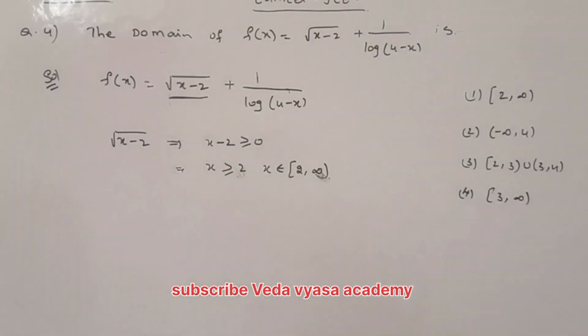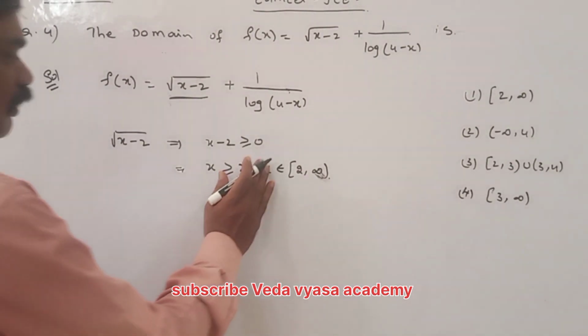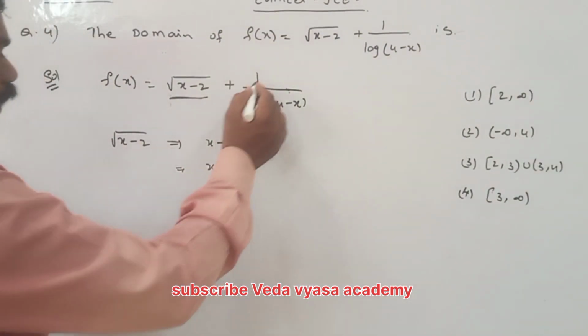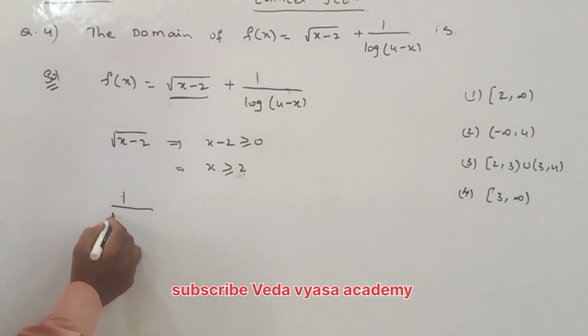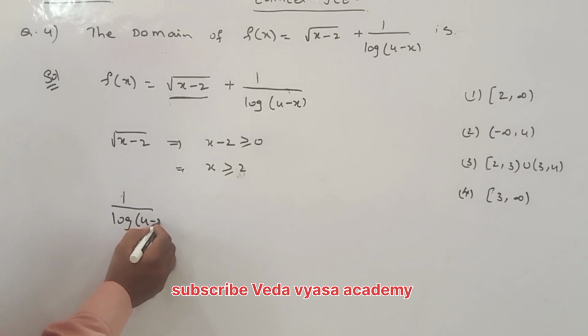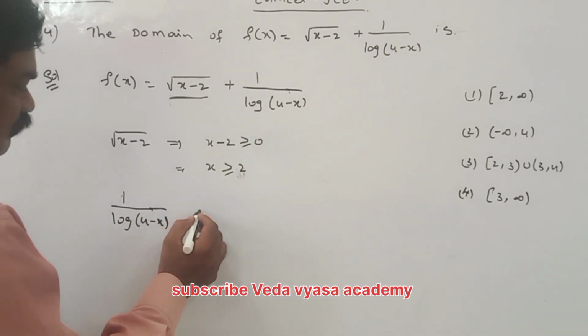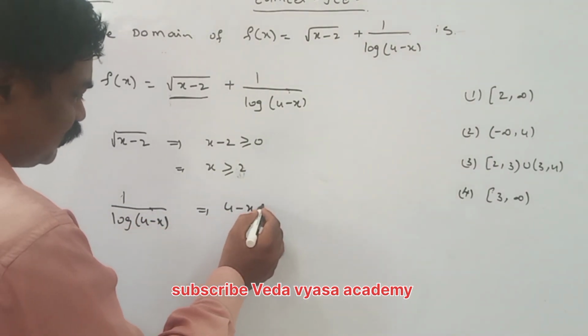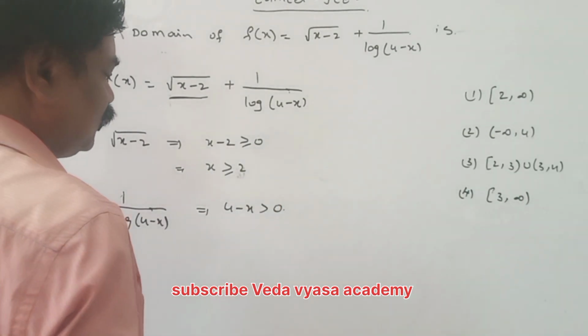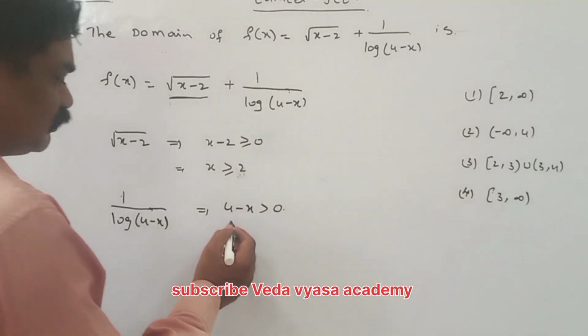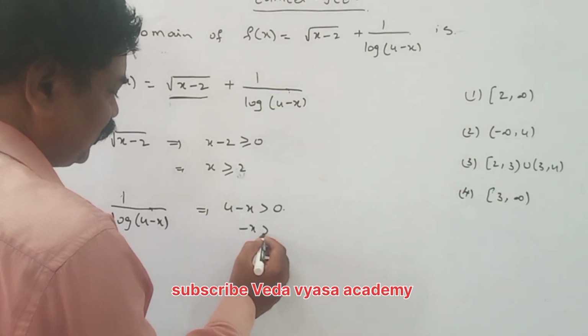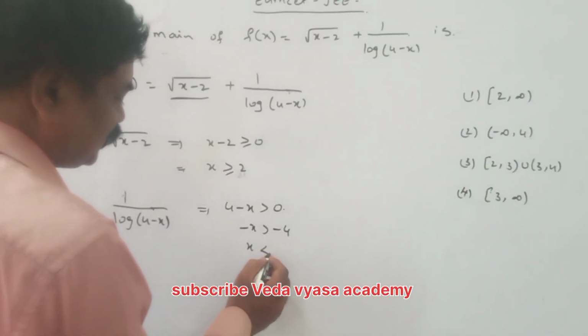Now in 1 by log of 4 minus x, 4 minus x must be greater than 0, so minus x greater than minus 4, that is x less than 4.